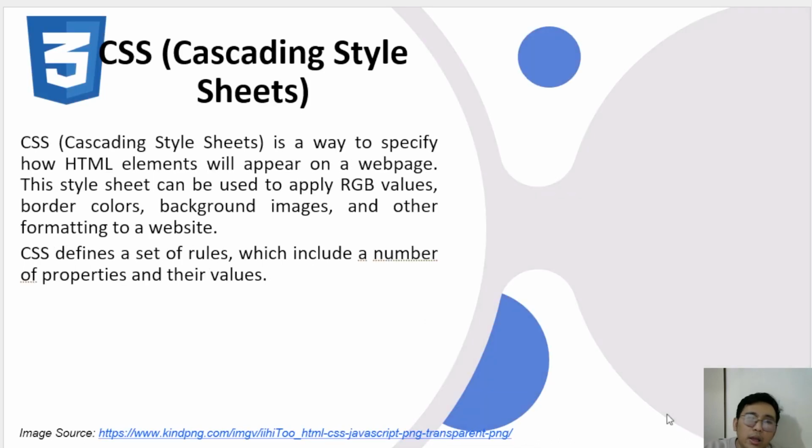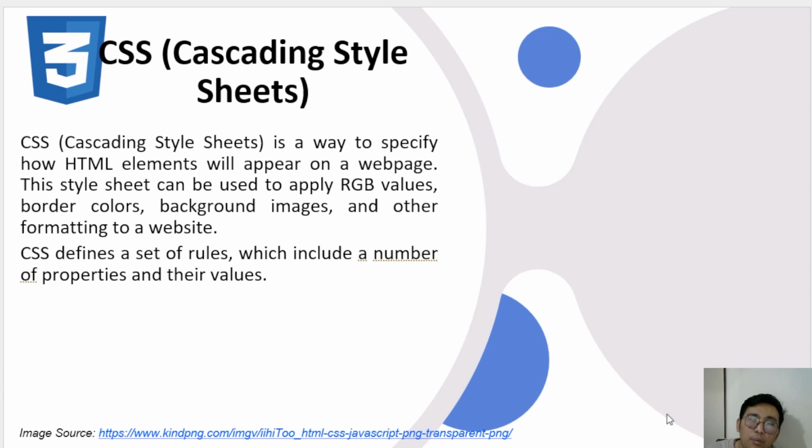CSS, which stands for Cascading Style Sheets, is the designer's way to specify how HTML elements will appear on a web page. It can give the website a style and can be used to apply RGB values, which are color values, and it stands for red, green, and blue.